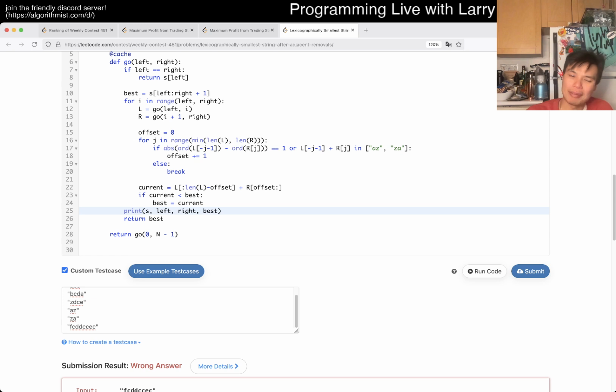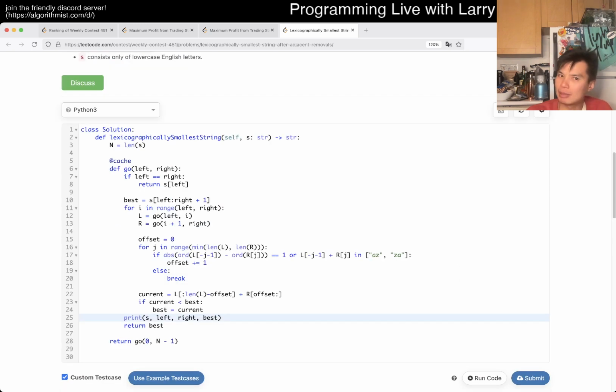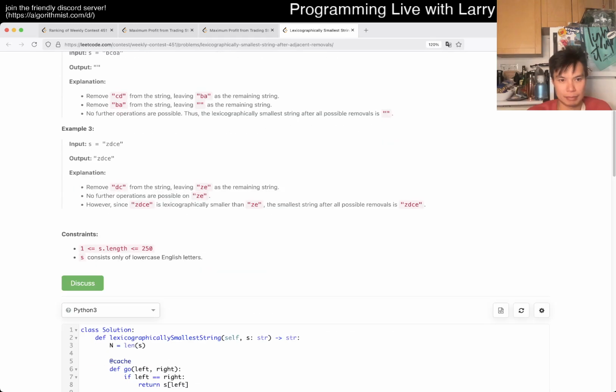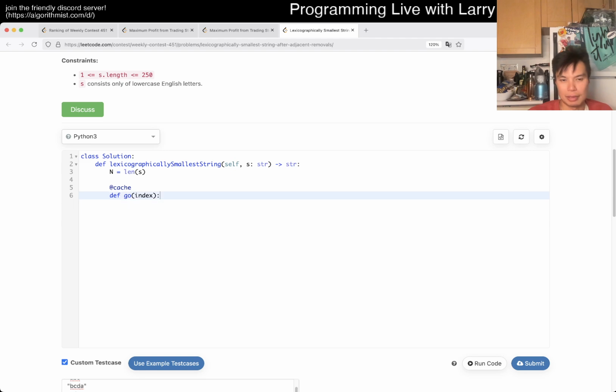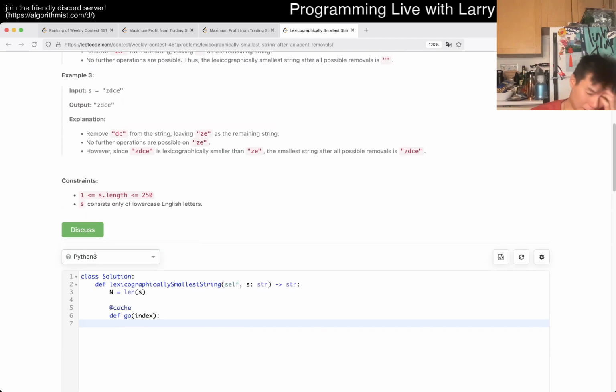How would I do it? Okay, I think it's the one where you do the gaps, maybe. So then you do jumps, right? Okay, how would that look? Let's say you go index and then you go, okay. I mean, it is what it is. I don't mind doing it.